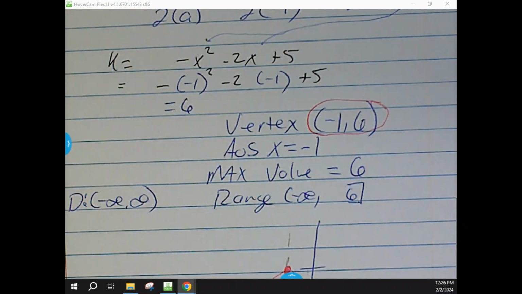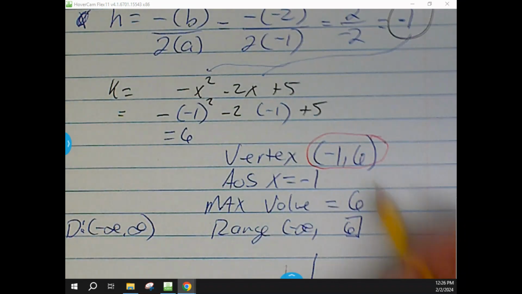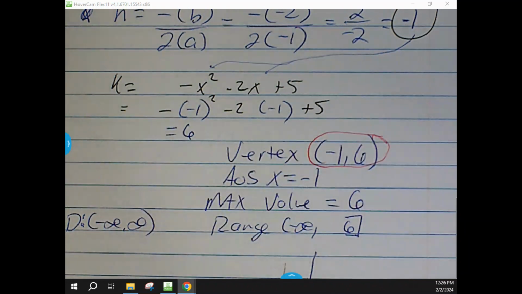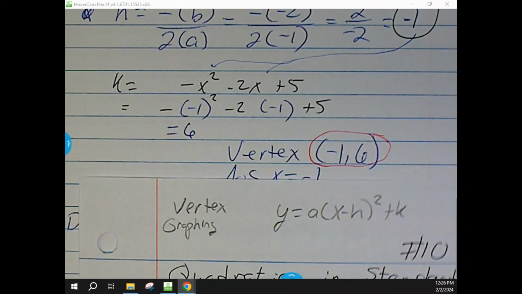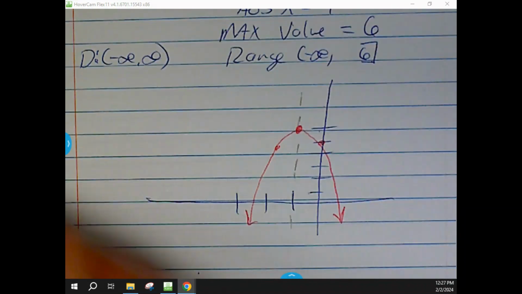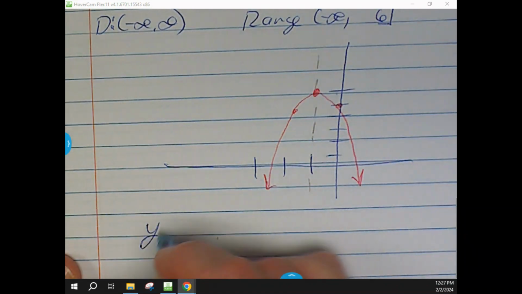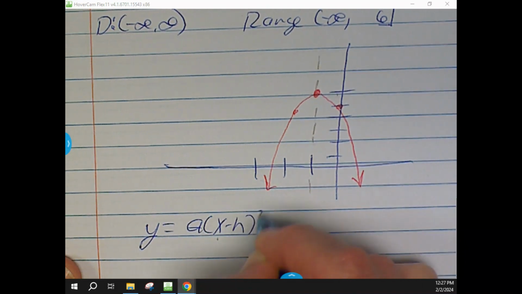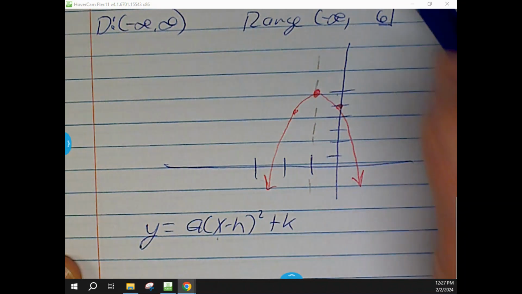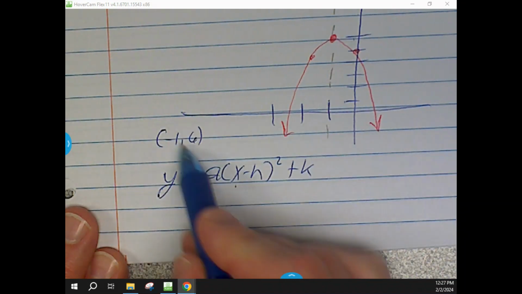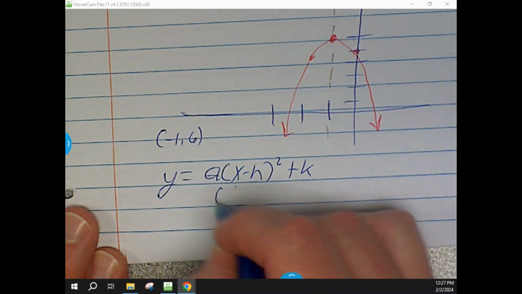Okay, and then the last thing, oh, we got to get vertex form. So vertex form is we're going to take this thing and plug it back in here to this. Again, the vertex was negative 1, 6. So again, that negative 1 goes on the inside.